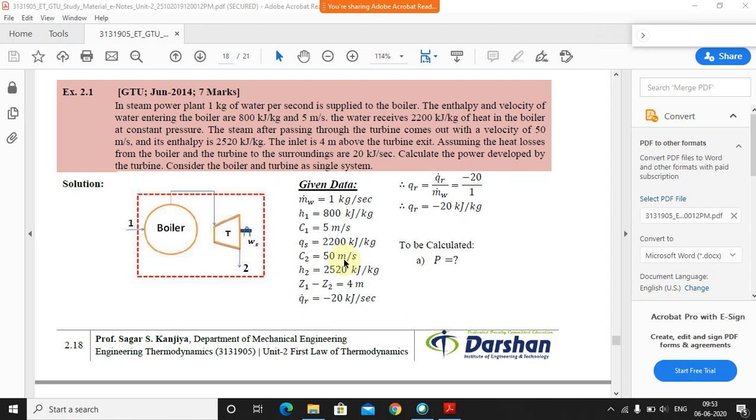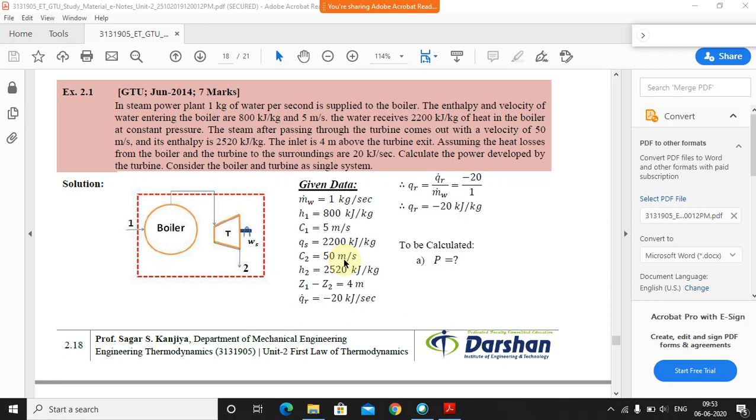In a steam power plant, 1 kg of water per second is supplied to the boiler. The enthalpy and the velocity of water entering the boiler are 800 kilojoule per kg and 5 meters per second. The water receives 2200 kilojoule per kg of heat in the boiler at a constant pressure.